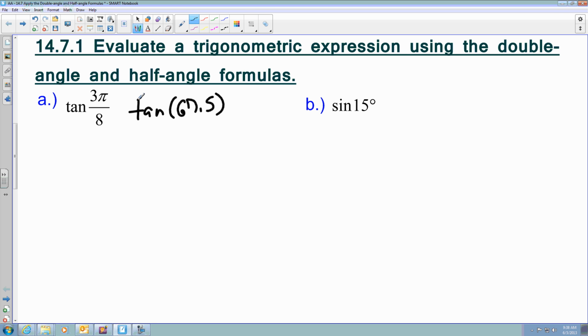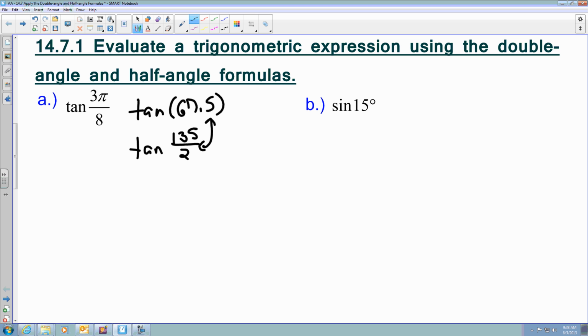So what I'm going to do is I realize that if I multiply that by 2, I get 135. So I can rewrite this as the tangent of 135 divided by 2. This and this mean the exact same thing. But from here, I can use the half angle formula to help me solve it. So now I can go to tan A over 2.